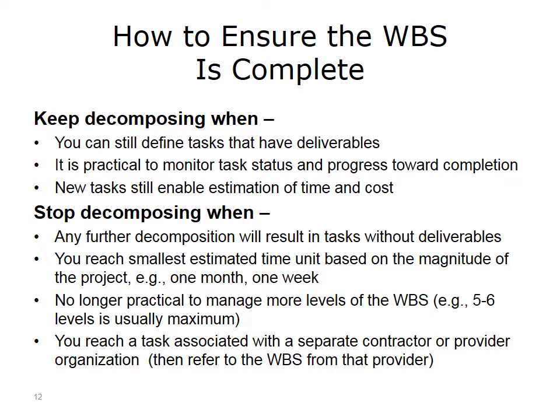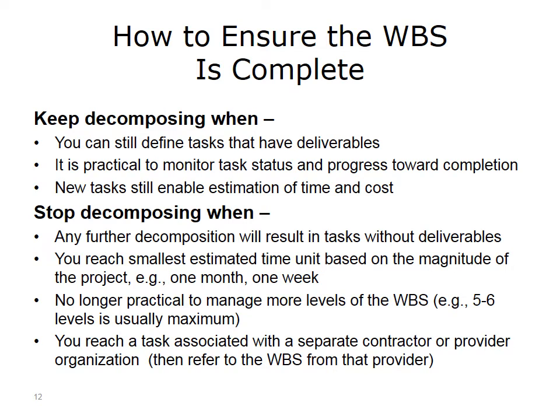You will also have to deal with the practicality of just how many levels exist in the WBS. Experience in project management shows that often around 5 to 6 levels is the maximum you want to work with in a WBS. Finally, another reason to stop decomposing is that you reach a point at which tasks are associated with partner organizations, for example, contractors, consultants, other providers, vendors, and so on.